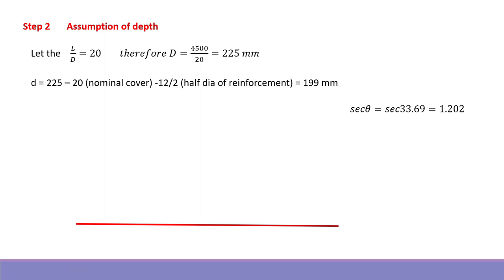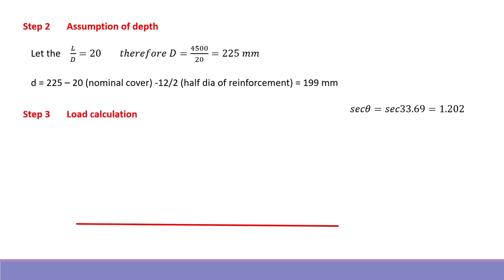So if we want to find the effective depth d, it will be 225 minus 20 nominal cover, minus half the diameter of reinforcement, 12 divided by 2, as we are assuming the diameter of the reinforcement equal to 12 millimeter. It gives us 199 millimeter of effective depth for the waist slab.